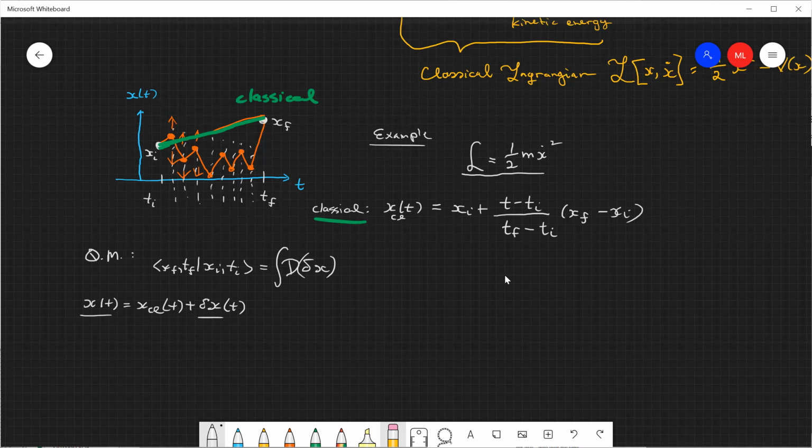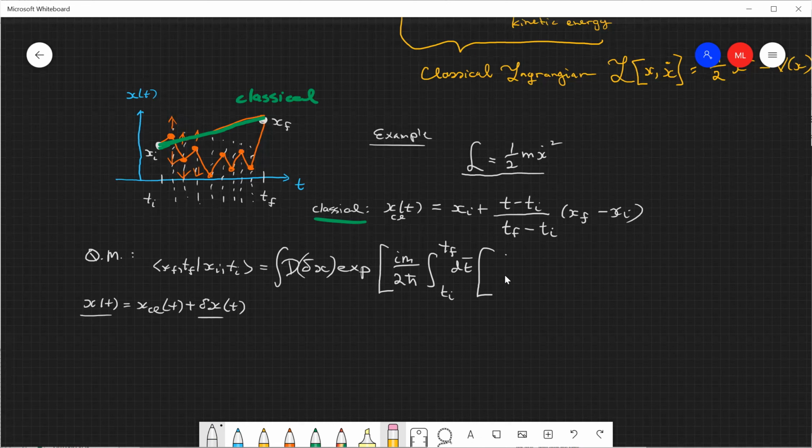And then what's the Lagrangian piece? Well, it's the exponential. There's an im over 2 h bar. It's just the kinetic energy. It's the integral from ti to tf, and now it's the Lagrangian, which has the part that comes from the classical piece.